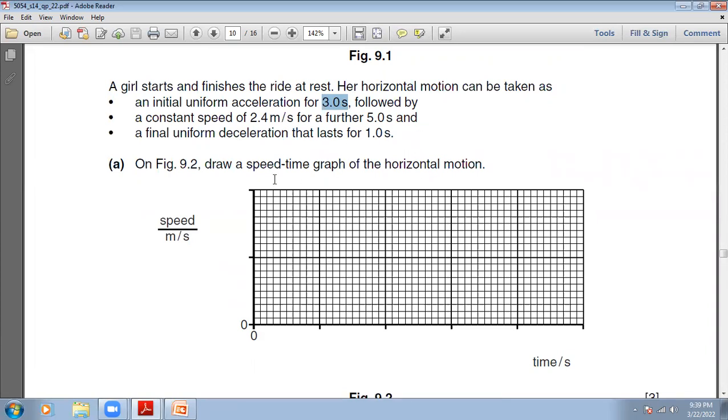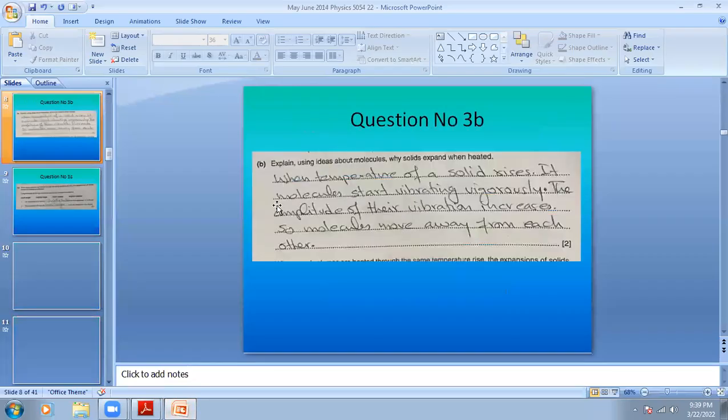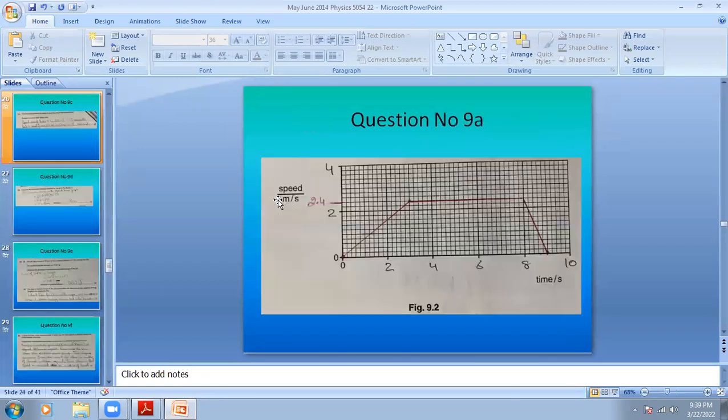Then for the next 5 seconds she continued with that speed, so up to 8 seconds she will move with this speed. And then in 1 second, she will decelerate and come to rest. So let me show you how this is done. And this is question number 9.